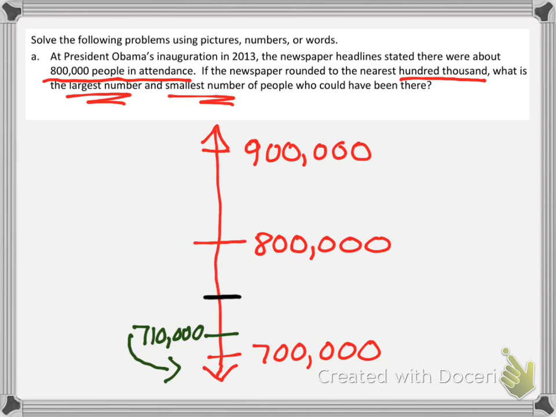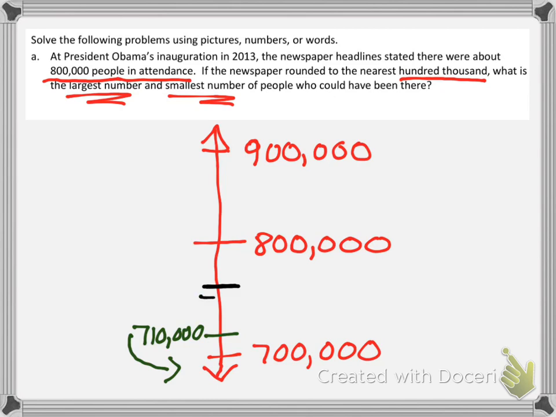We can place this on the number line. If we bring it up from 710,000, because we know 710,000 is closest to 700,000. So where can I move this to slowly make my way up to 800,000? Where can I place it that would be rounded to 800,000? I'm thinking right about here.